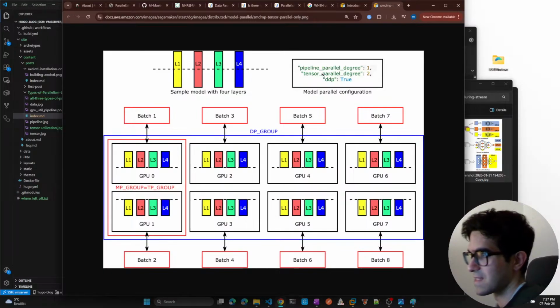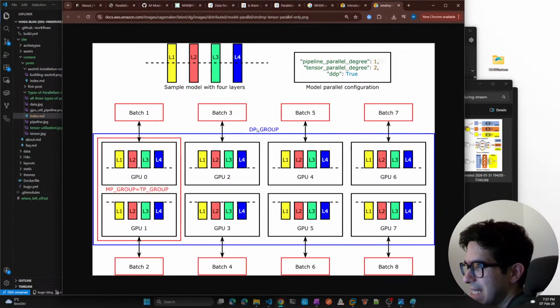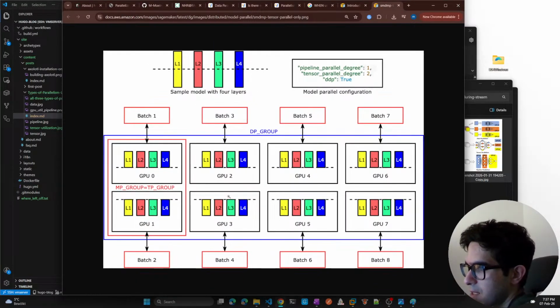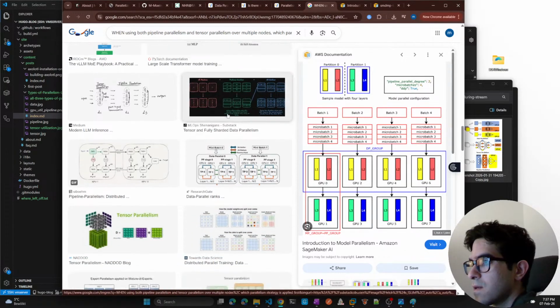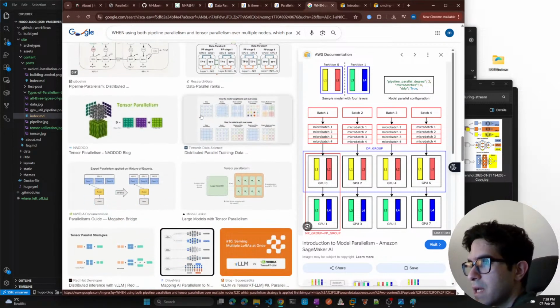You can see that there's also this DP group, I think data parallel, so you can see there's replication. But my problem is, talk about mini batch.